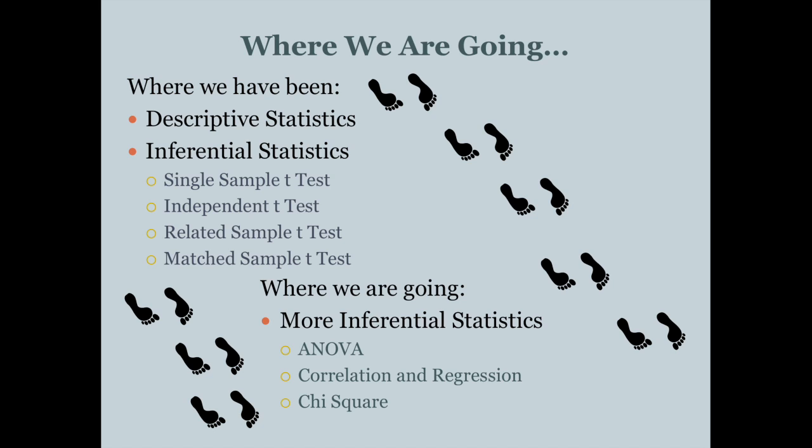Some of the inferential statistics that we've covered is, of course, all the t-testing, whether it be a single sample t-test or independent or any of the matched or related sample t-testing. And then where we're going, of course, this one is ANOVA, so analysis of variance. And then the last two PowerPoints will cover correlation and regression, and then chi-square.